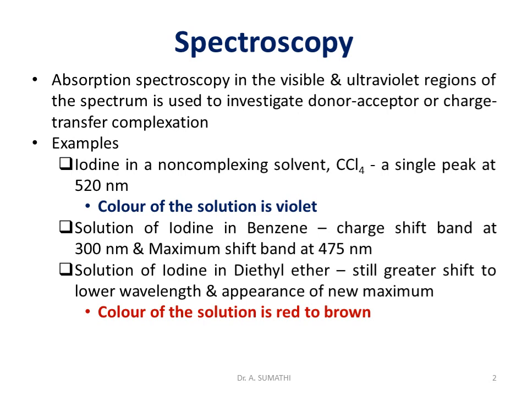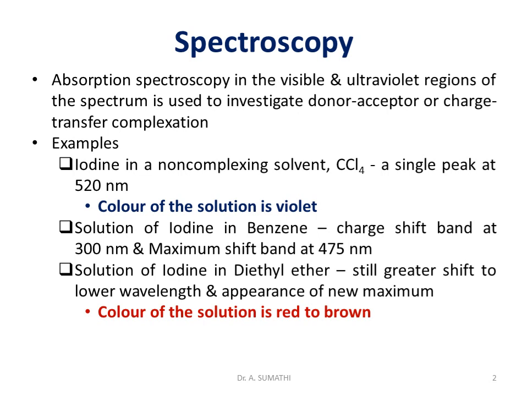While treating like this, if you observe by using the spectroscopic method, in the case of carbon tetrachloride, a single peak is obtained at 520 nanometer and the solution color is violet. Whereas in the case of benzene, the wavelength shifts at 300 nanometer and the maximum we can observe is at 475 nanometer.